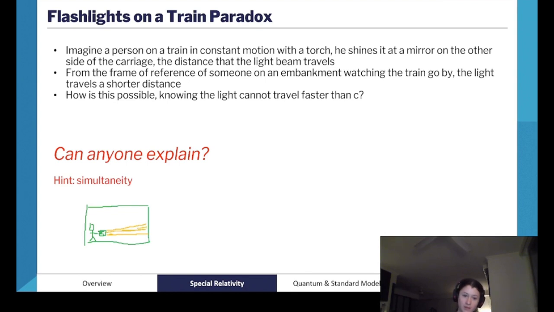And the carriage is moving in this direction.